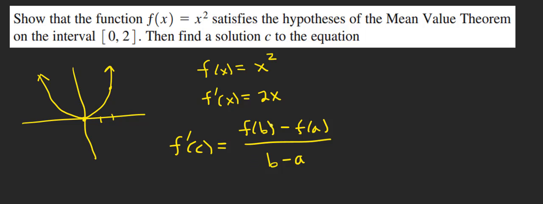Our a is 0, and our b is going to be 2. Instead of x, we're going to substitute c, and f prime of c is going to be 2c.